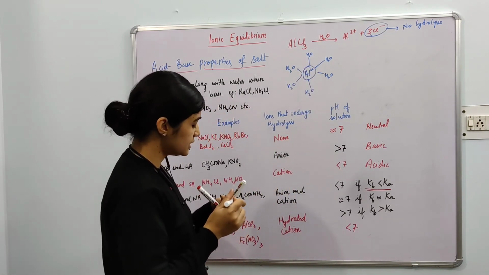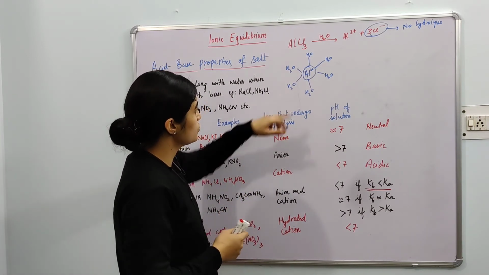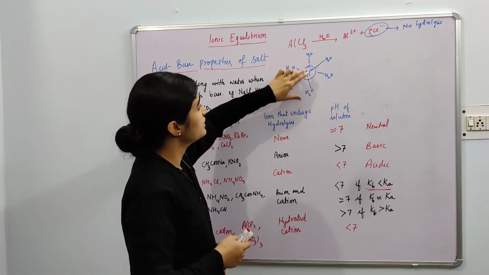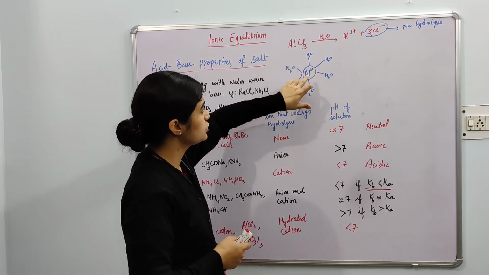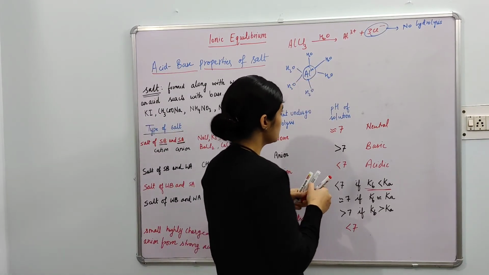Since oxygen atoms have two lone pairs present in it, it forms the sphere in such a way that this charge gets neutralized. Now what happens?